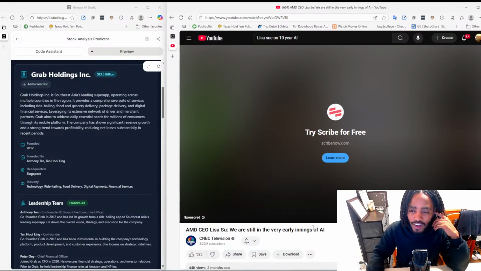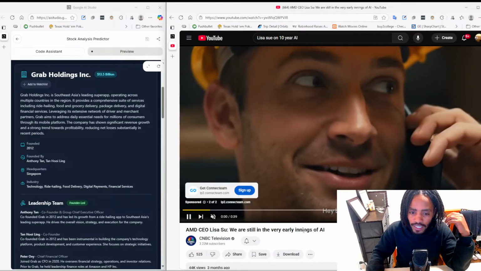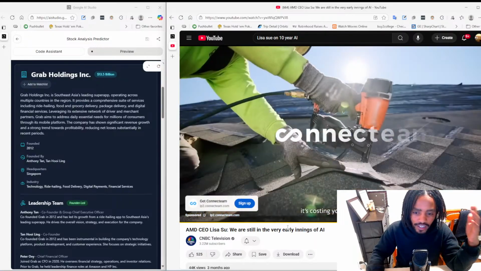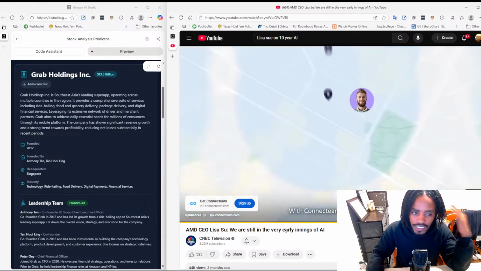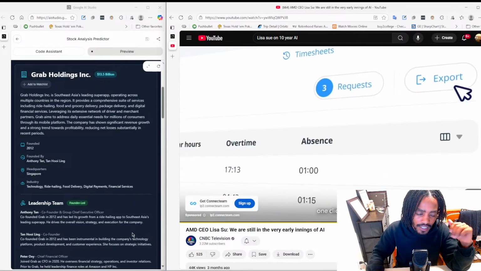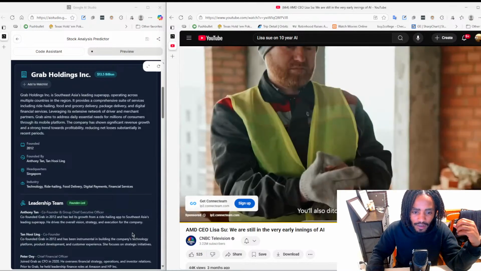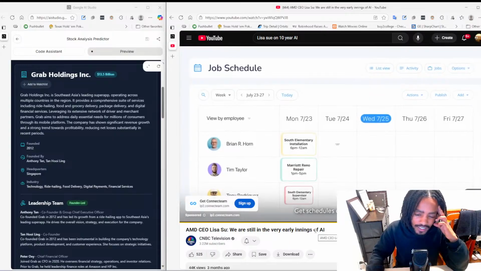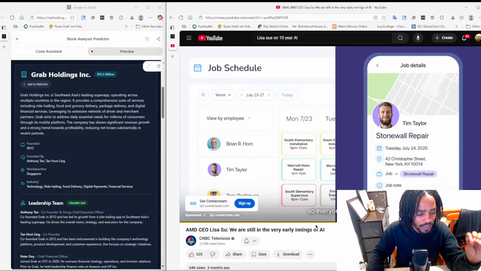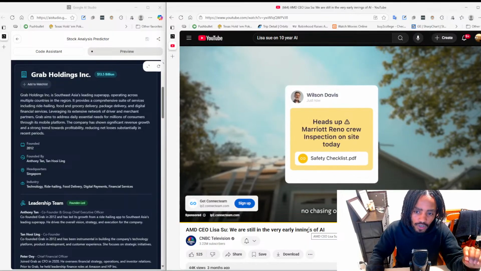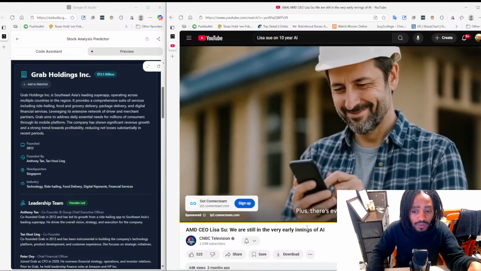And Lisa Su really found her way into getting in front of President Trump, getting in front of Congress, committee meetings to answer questions around AI and what the U.S. needs to do to compete and make United States AI proliferate all around the world. So Lisa, I don't know how she does it, but she always gets in front of governments and individuals that are close to governments, and so she is well known.